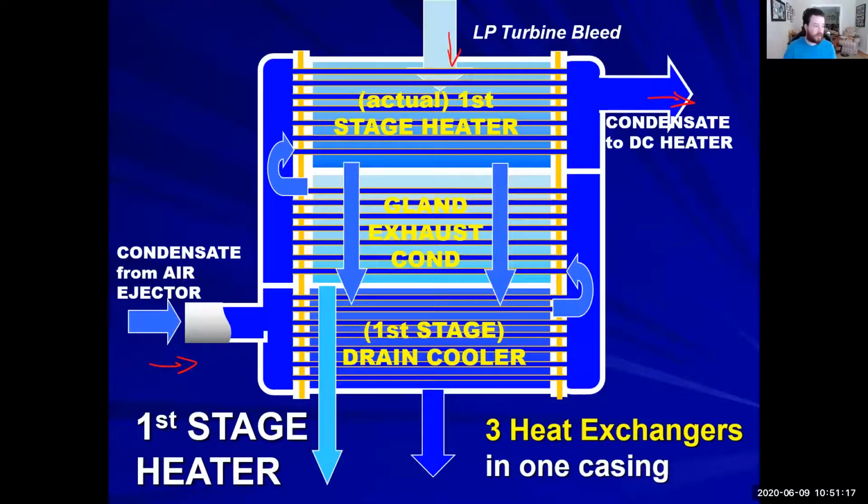Again, we just don't use it. From what I've been told, there's no point to really use it. But the big thing to remember about them is they're basically 3 heat exchangers in 1 casing, and you're just trying to absorb heat from your components where you can get it.